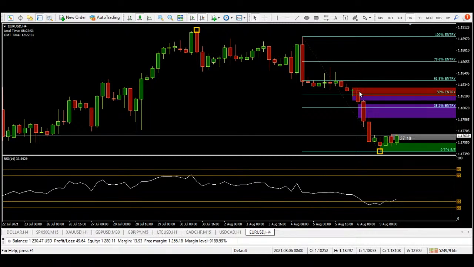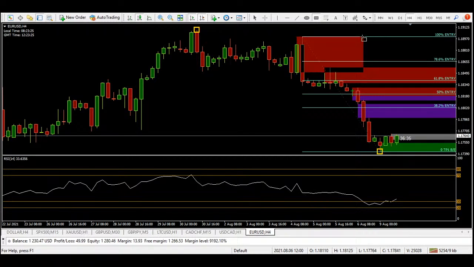the 50% entry looks good. We have a zone here around the 61.8. Take us down. And actually, yeah, we have a bunch.